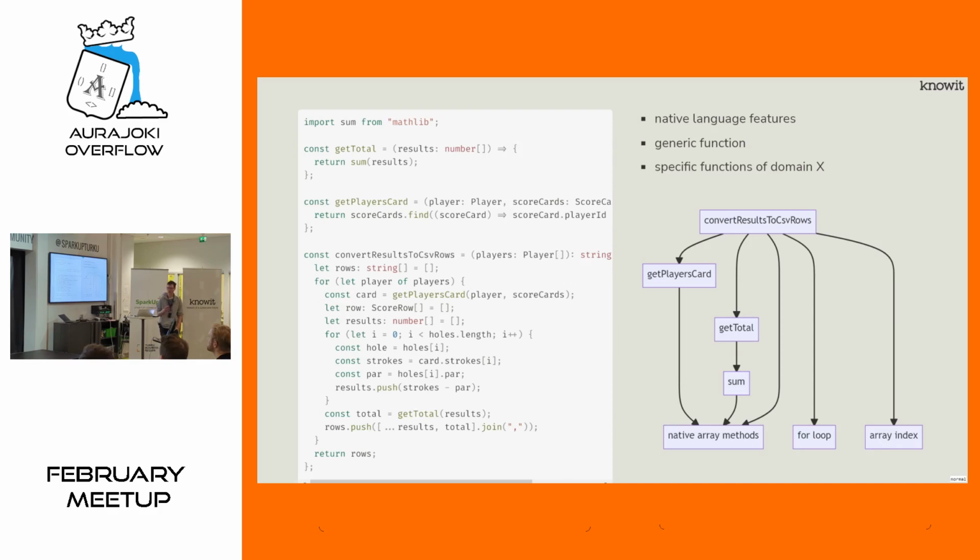And the idea with stratified design is that if you were to have straightforward implementations of functionality in your code, you would be working on just one or two layers at a time. And those layers would ideally be similar to one another.